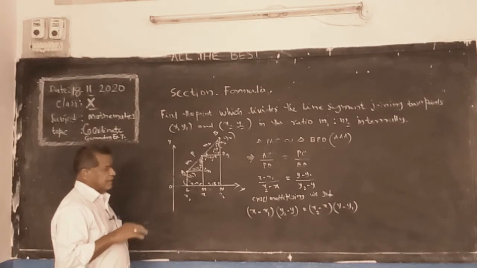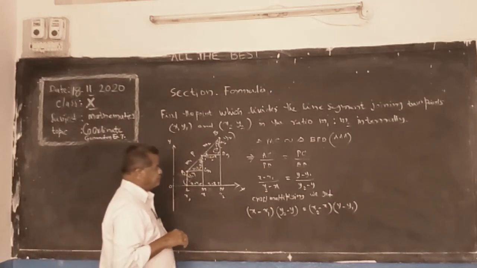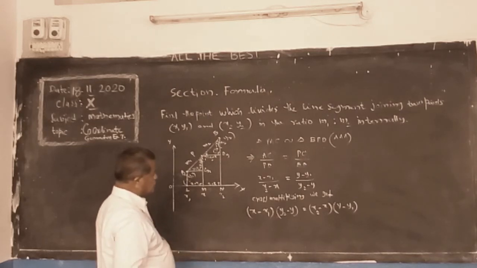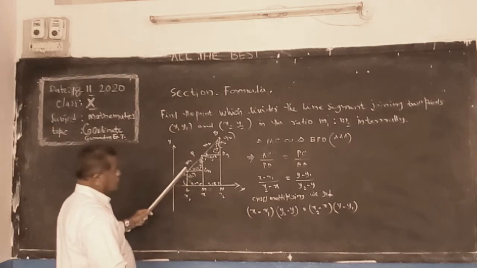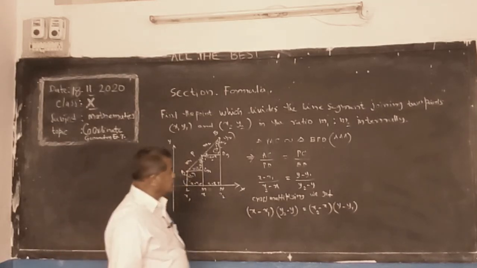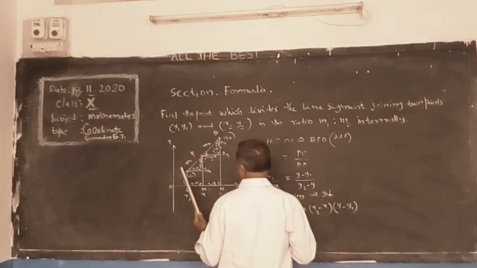Multiply and bring all xy terms to one side, and we get a relation. We are not taking the third side.